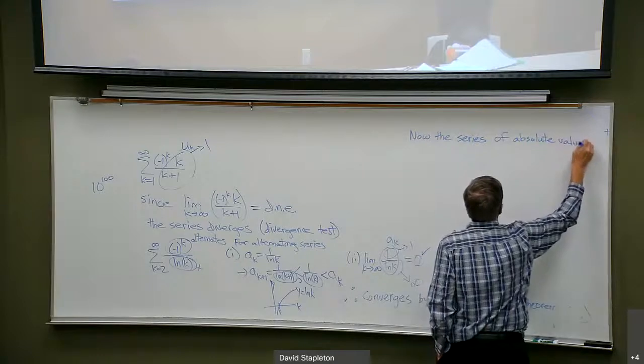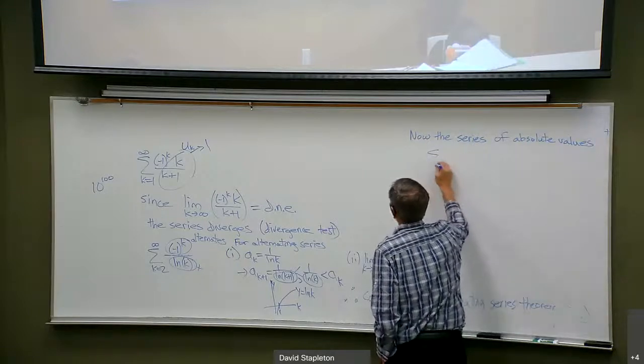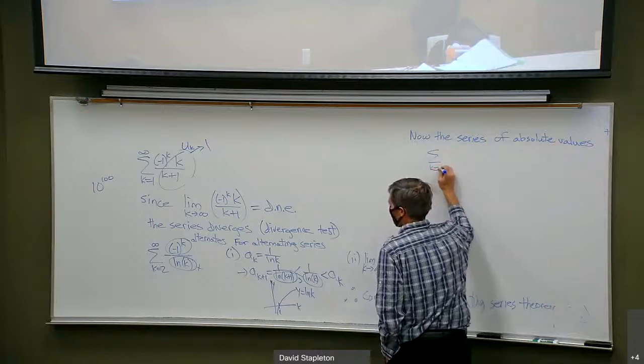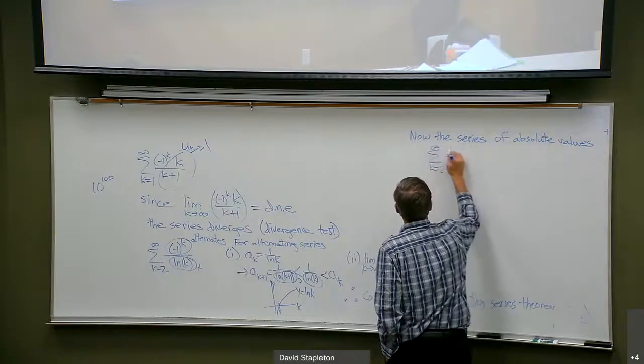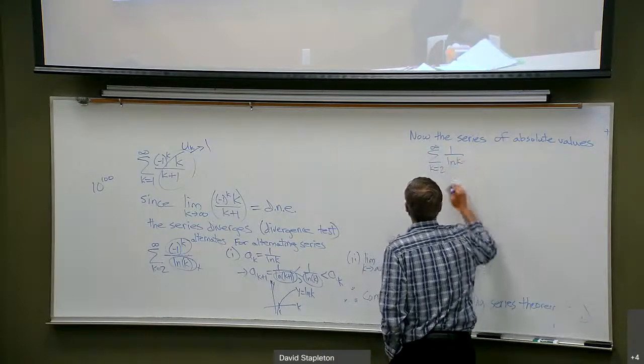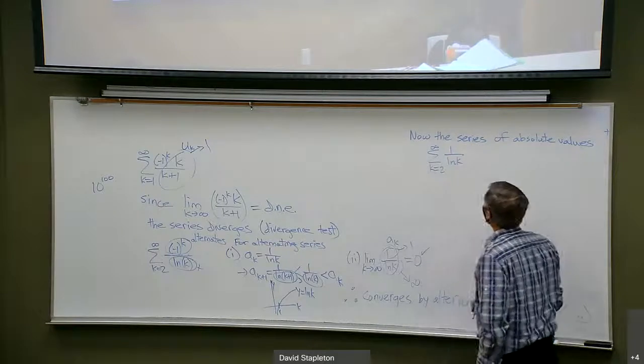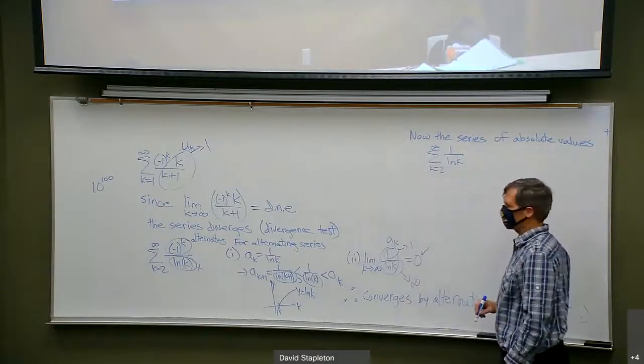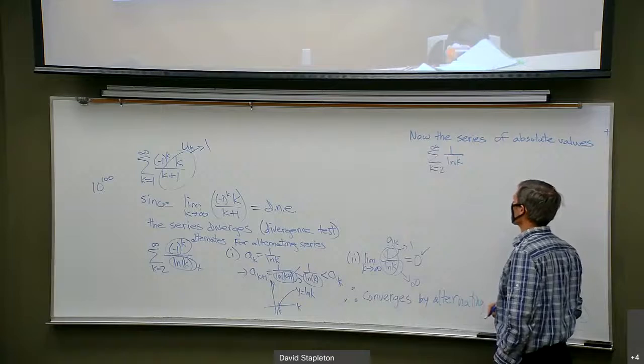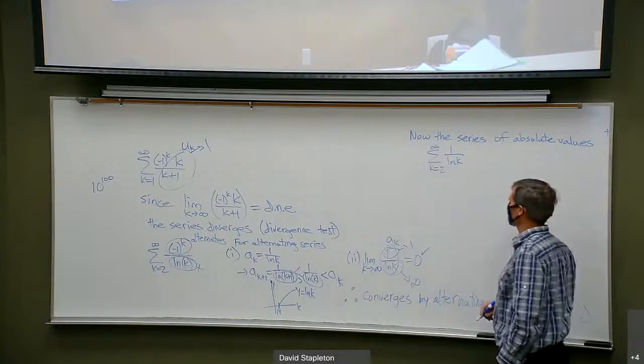That corresponds to this sum, k equals 2 to infinity, of 1 over ln k. You just take away the (-1)^k. Does that converge or diverge? So this is sort of two problems in this one. This one diverges. How do we know?